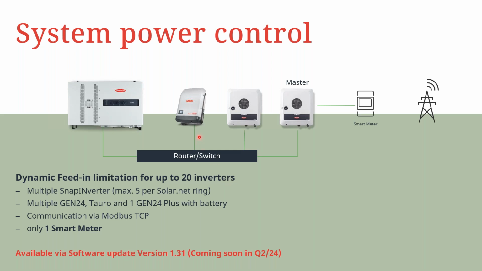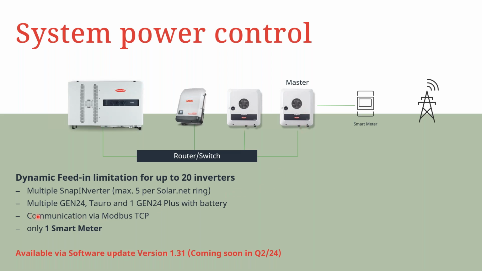In that case, only one master is needed. All other inverters in that Solar Net ring are slaves. You can more or less say you have a submaster in a system containing a Solar Net ring. But then we have the main master per se, that is the pilot-based device.